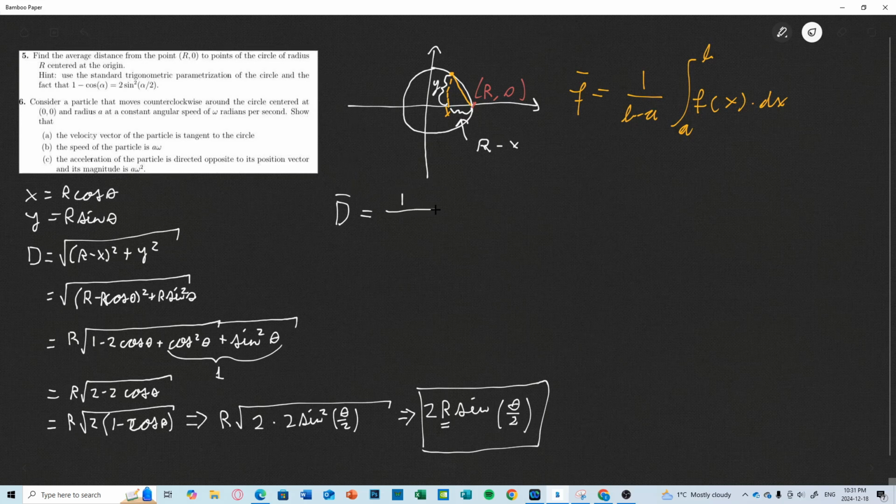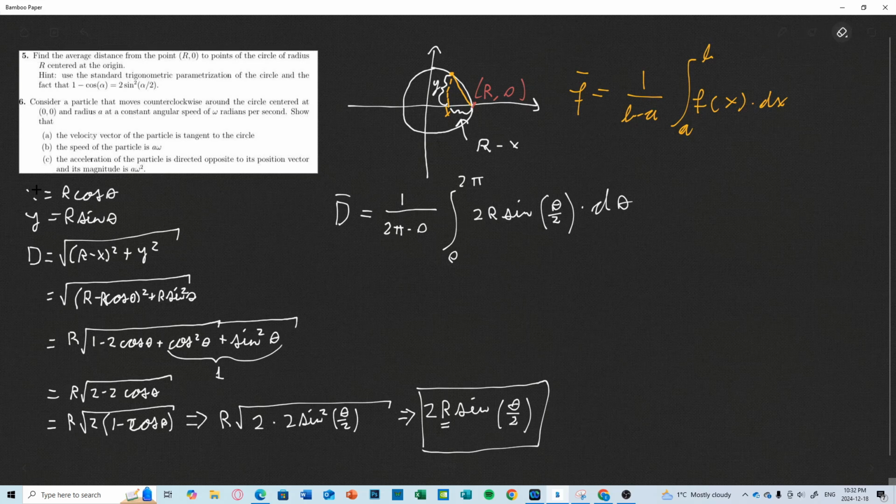Since it's a circle and our angles are going to be consistent, we're going to choose our bounds to be 0 and 2 pi. So we're going to have 1 over 2 pi minus 0, and then the integral from 0 to 2 pi of 2r sine of theta divided by 2 times d theta.